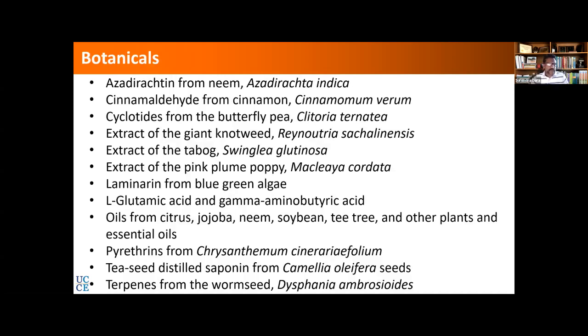Then we have a huge range or a wide variety of botanicals, anywhere from azadirachtin that comes from the neem tree to essential oils, and then if you go down the list, several are available in the US or commonly used in California. And if you look at this one, pyrethrin from chrysanthemum is very popular.